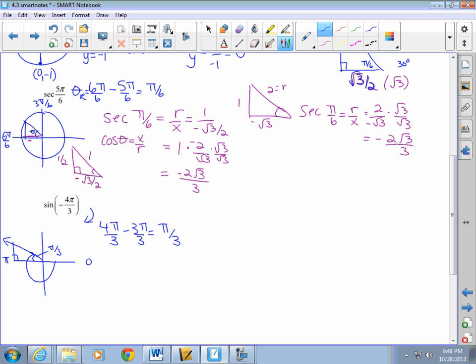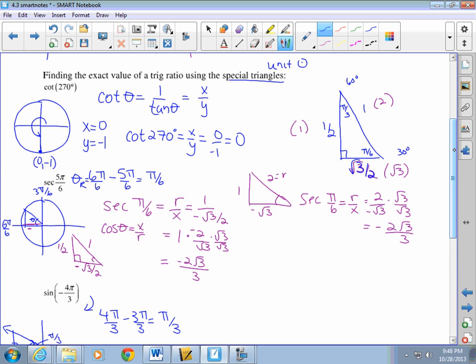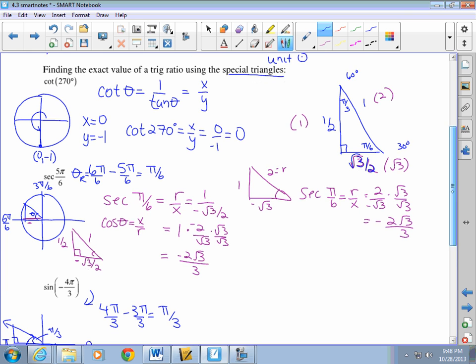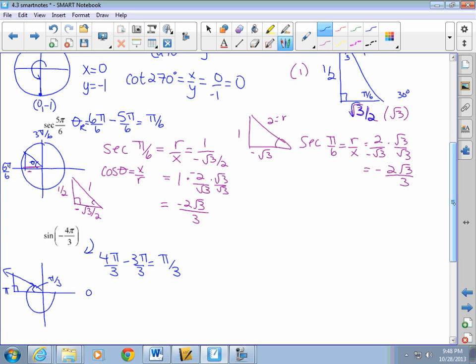So I know then if this is a pi over 3, I'm looking at my 30, 60, 90 triangle here. So opposite of that, and I'm just going to use my non-fraction one, or my not unit one, I have a square root 3 as my opposite value. My r is going to be a 2.